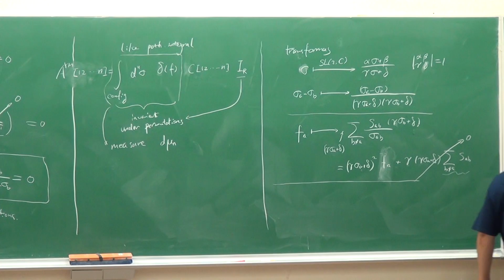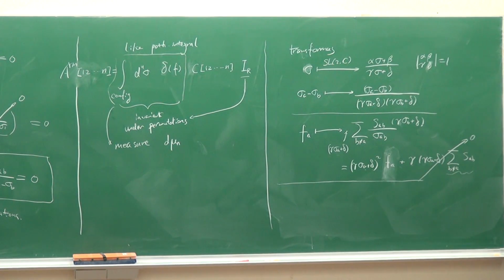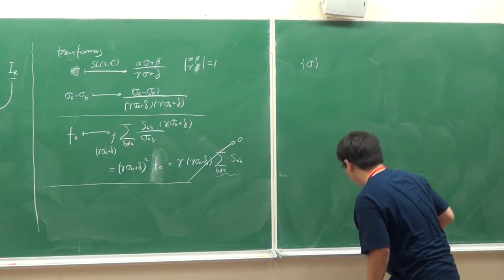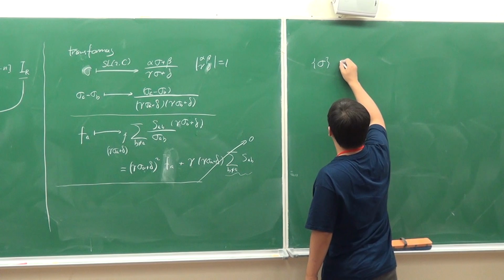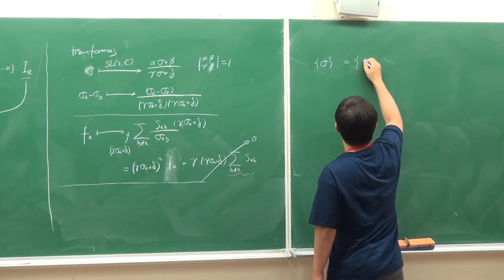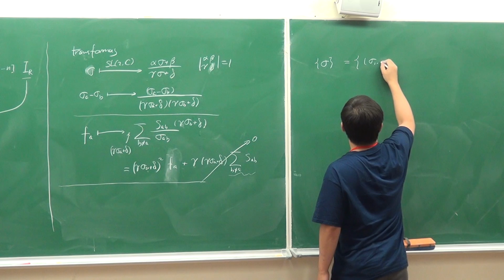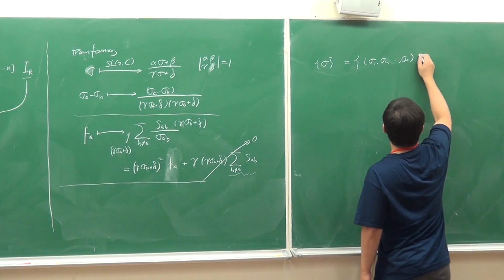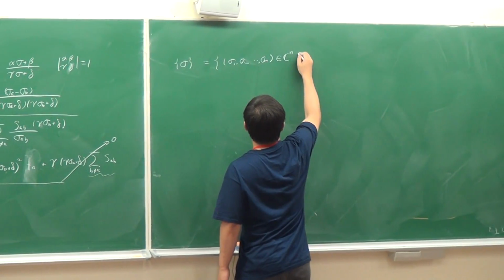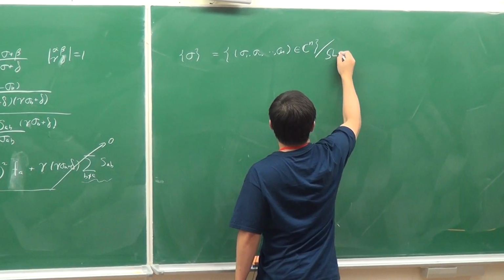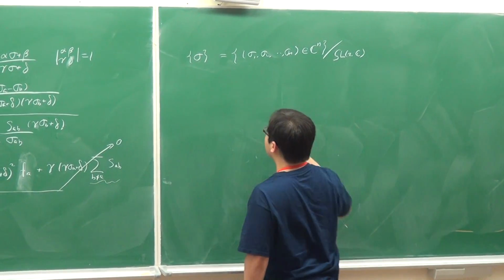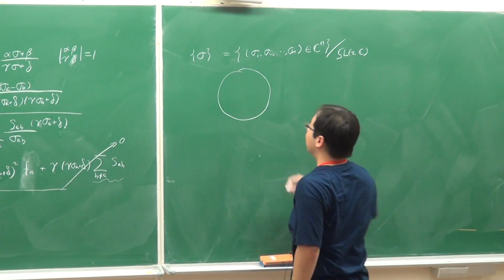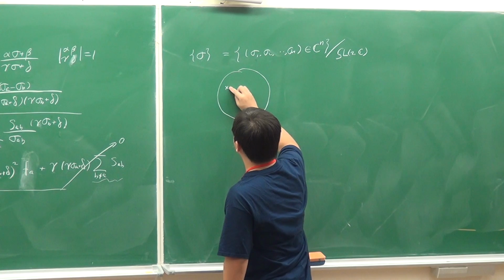So the proper way to treat these variables that we have introduced is to regard them as a set of coordinates which belongs to C^n, but then we have to mod out by the SL(2,C) transformation. Equivalently, you can consider a Riemann sphere, and each variable denotes the location of a puncture on the sphere.